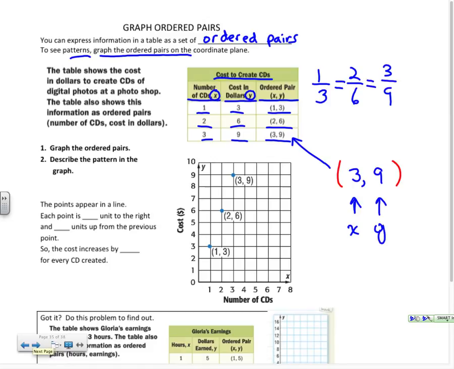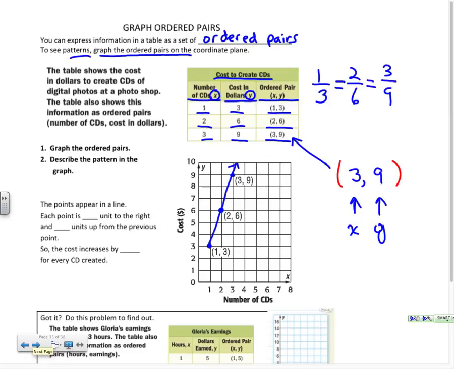So it says graph the ordered pairs, describe the pattern in the graph. So it's already been done for you. Over 1 up 3 is our coordinate 1, 3. Over 2 up 6 is our coordinate 2, 6. And over 3 up 9 is our coordinate 3, 9. So the points appear in a line. If I were to connect these points, it looks like a straight line.